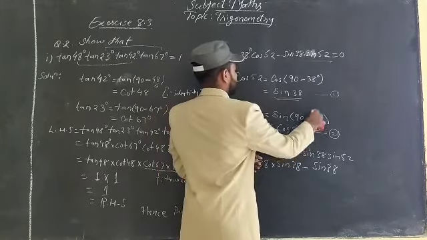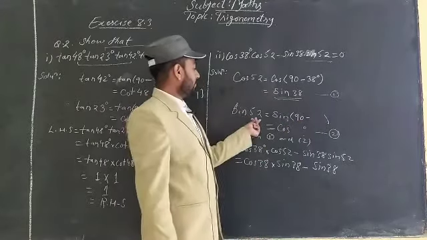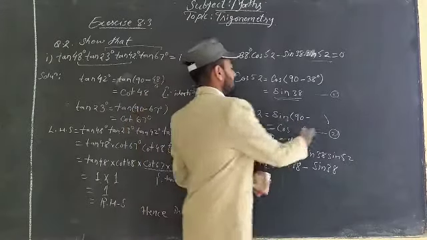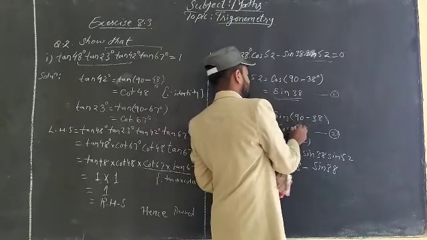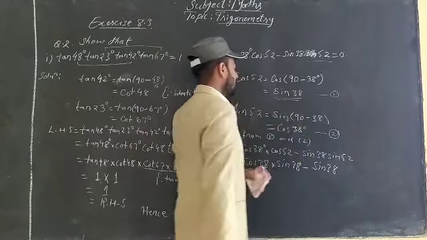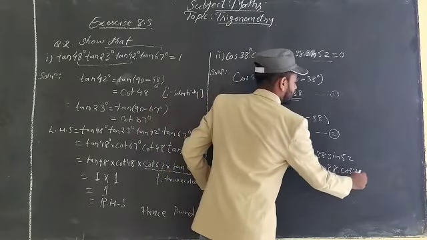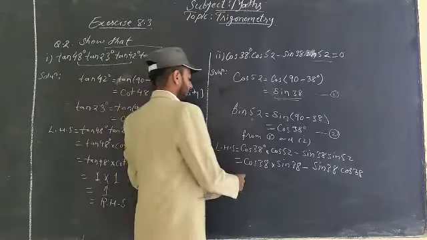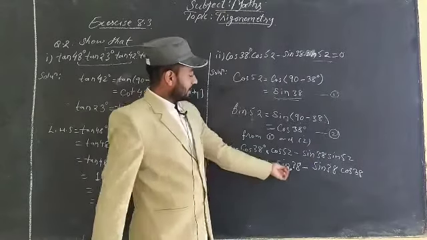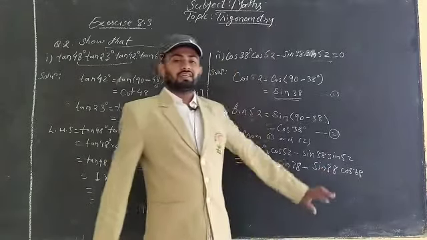Sorry, here I have made a mistake. Sin 52 is equal to sin 90 minus 38. So sin 90 minus theta is cos theta, that means cos 38. So it will be cos 38 degree. Sorry for that. Okay.